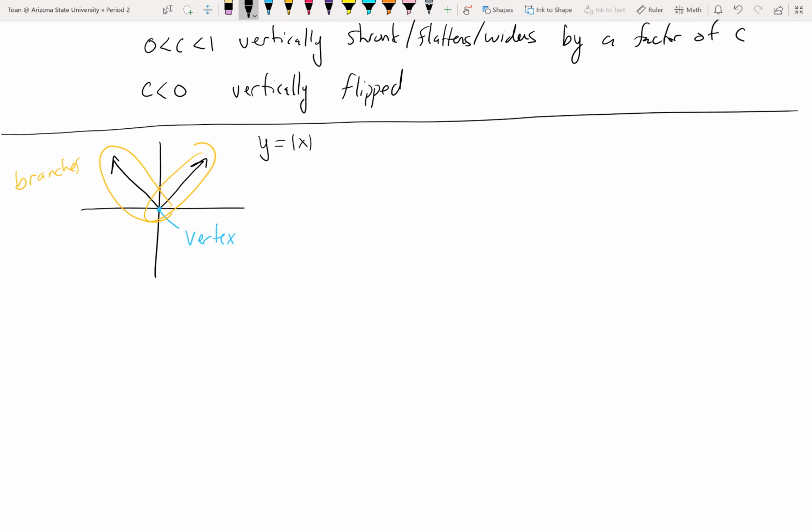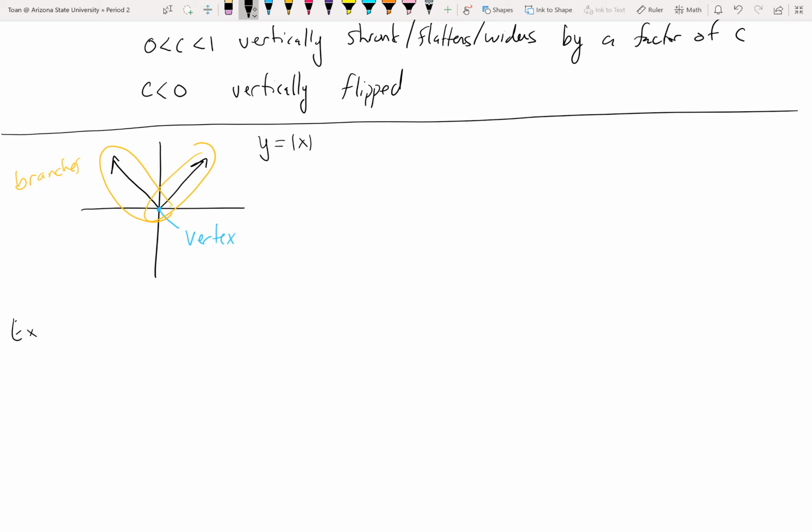Well, to sketch an absolute value function, all you have to do is be able to read the transformations that are present, and then you go ahead and move the vertex to whatever the instructions tell you to do.